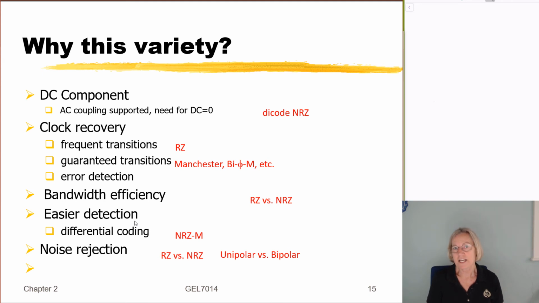Maybe it's for error detection, that you know that transitions should happen at a certain point, so there's some way of checking what the waveform looks like. Should you be more bandwidth efficient? For instance, non-return to 0 uses less bandwidth than the return to 0. So all kinds of reasons. So a variety of line codes, different behaviors, which allows us to address challenges that we want in any given system.